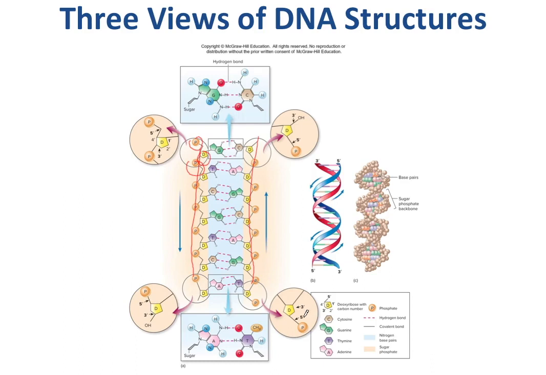For this strand the direction is from 5 to 3. However, for this strand the 5 point is here and the 3 point is here, so the direction is this way. So the directions are opposite to each other. The base pair: this is guanine, this is cytosine, so these two bases are paired with each other.